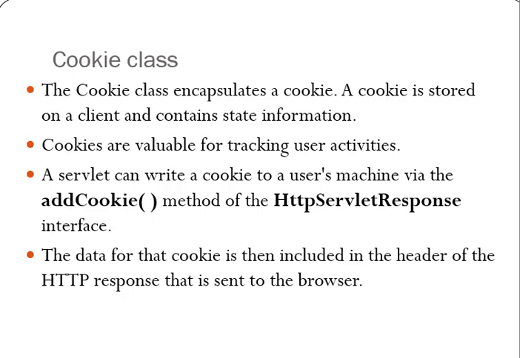Any application that wants to store some information on the client uses a cookie. Again, they are valuable for tracking user activities. Remember, cookies are nowadays used to track everything on a web browser. It is based on these cookie values that websites will inject advertisements.